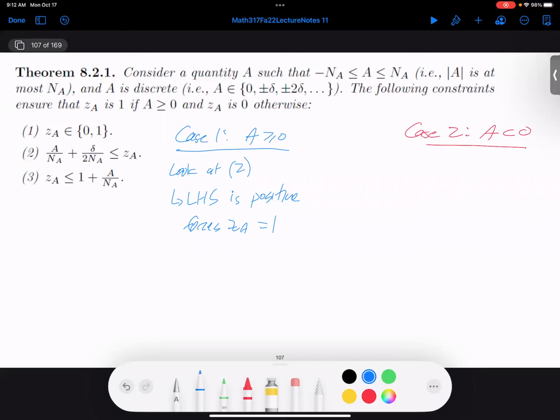Now let's look at 3. We know A is positive. What does that tell us about Z of A? So if A is positive, what can you tell me about 1 plus A over NA?